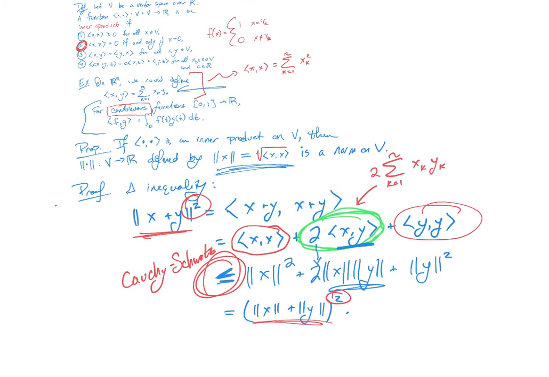That's the triangle inequality. I promise the other four also hold. But in that proof, we had to use Cauchy-Schwarz. So our final result for today, we're going to prove Cauchy-Schwarz in its full generality of just an inner product space. Okay, any questions before we do that?